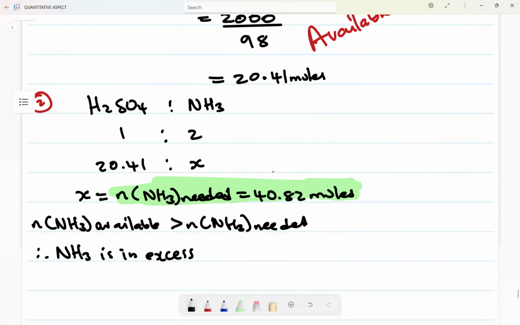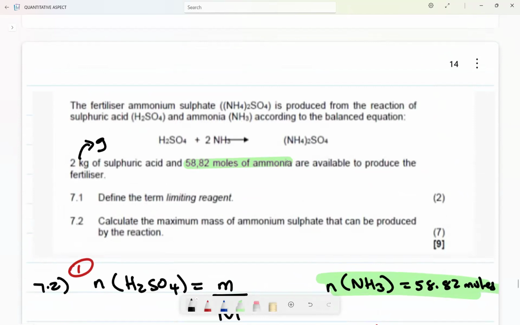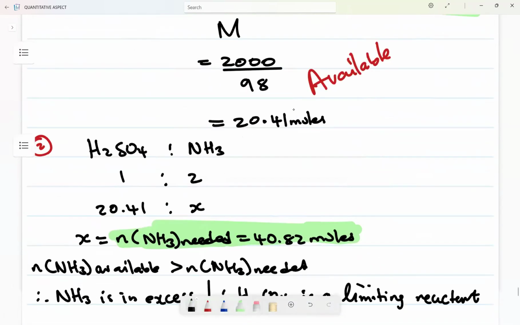Therefore, H2SO4 is the limiting reactant. Okay, can you see now? It is 7 marks and you are still cruising nicely because you understand this.